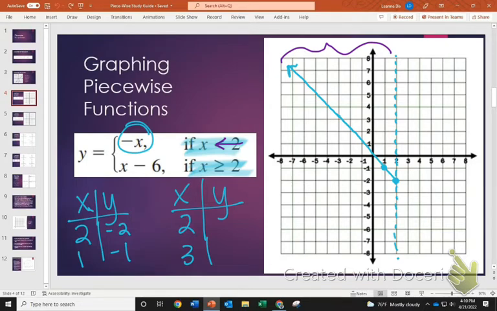I plug that into my new equation, which is x minus 6, so it would be 2 minus 6, which is -4, and 3 minus 6, which is -3. So I have an ordered pair at 2, -4, which is going to be here, and I have a point at 3, -3, which is here. So I connect my dots, and there we go.